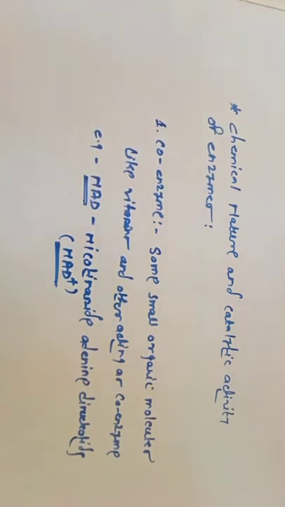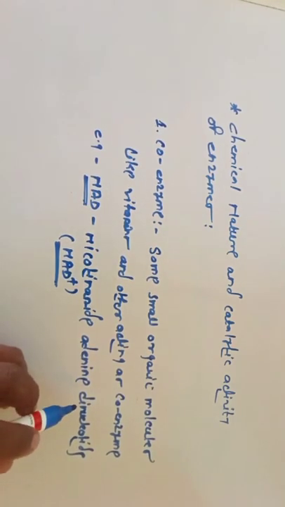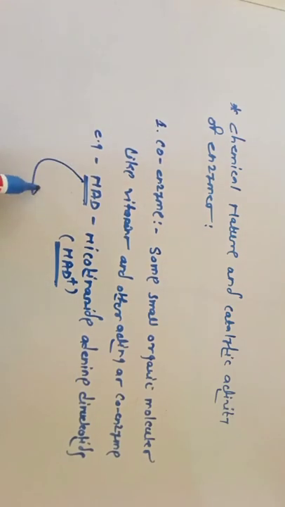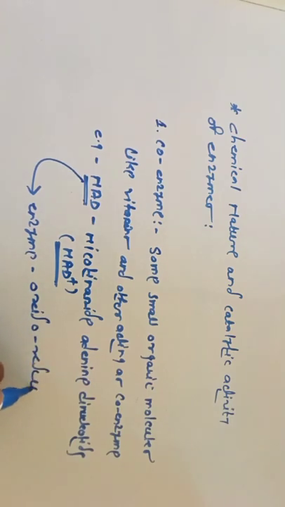So it is a combination of small organic molecules like vitamins, and the remaining coenzymes. So NAD is an example of coenzyme. This is nicotinamide adenine dinucleotide, and it is present in the enzymes called oxidoreductase.